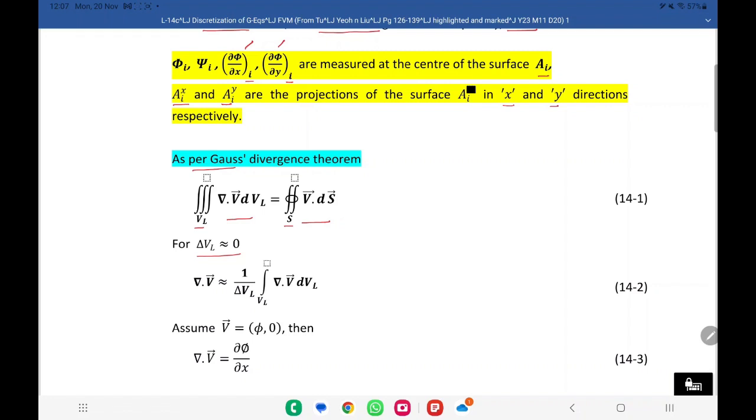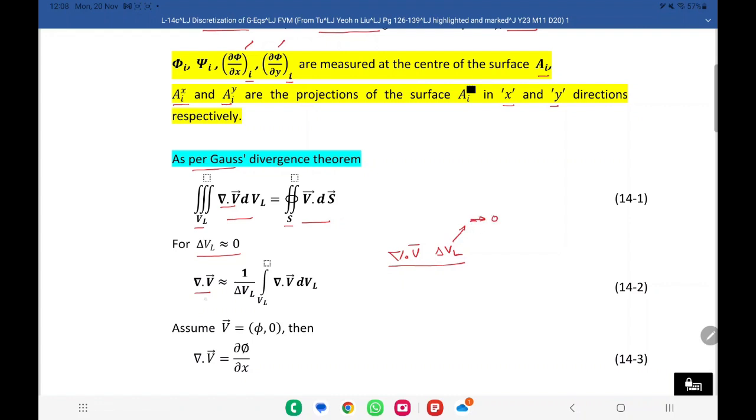That we will not be able to do. We require finite. So we make a very small cell. Now if we take a small cell, we can say that the divergence of V in that cell is constant. So we take out this divergence here. So this integral becomes divergence of V into delta VL, where delta VL is approaching 0.